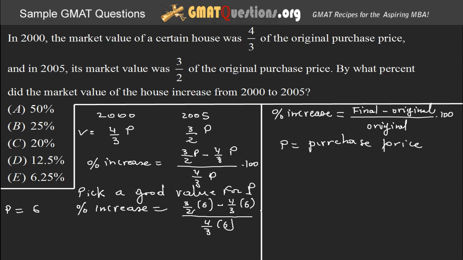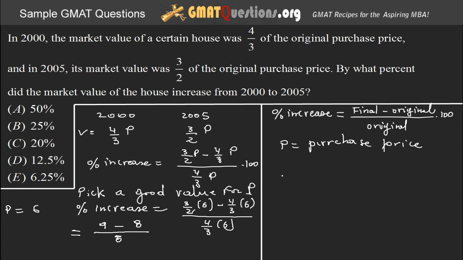So, this percentage increase equals, as you can see, 6 divided by 2 is 3. So 3 times 3 is 9. You can put 9 here, minus 6 over 3 is 2. 2 times 4 is 8, minus 8 divided by 8. Again, I'm going to put the 100 at the end.